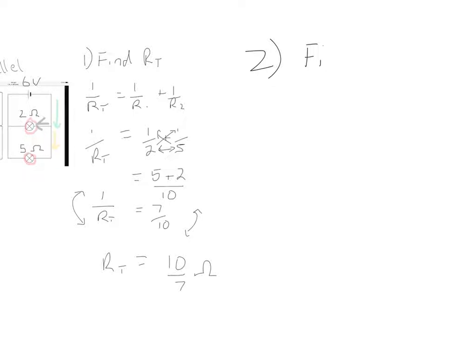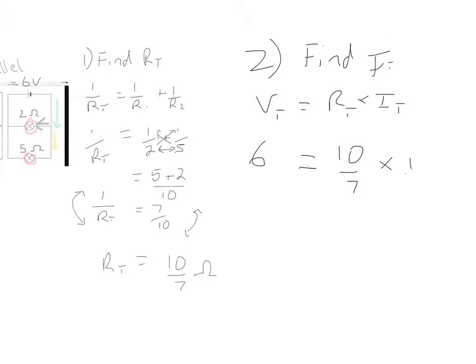So now I need to find step 2, find IT. V equals R times I, so RT, IT, VT. And here we've got 6 volts equals 10 over 7 times I. I'm going to times both sides by 7 first.